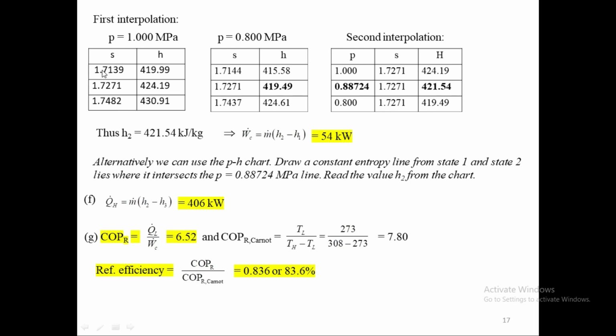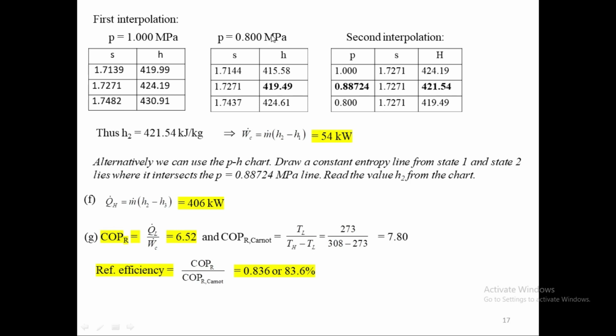These two values are in the table, so we've copied the enthalpy there, and this is the entropy value that we have. We want to figure out the enthalpy at this one, so this X amount will be interpolated, and by doing the interpolation we get this value as 424.19.